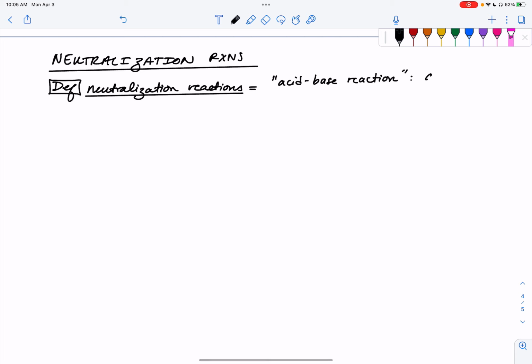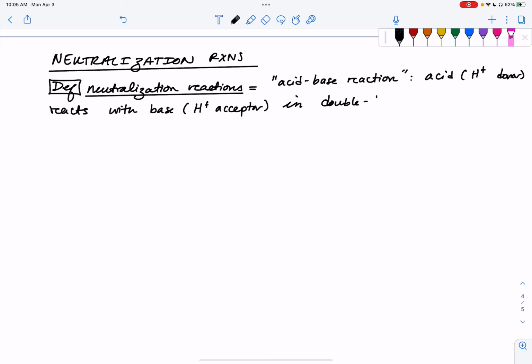Meaning that we have an acid, which is some kind of proton donor, reacting with a base, which is some kind of proton acceptor, in a double displacement reaction.